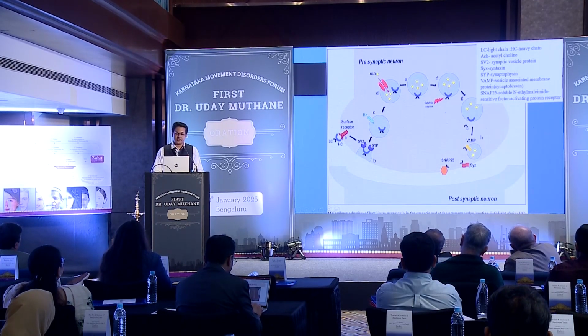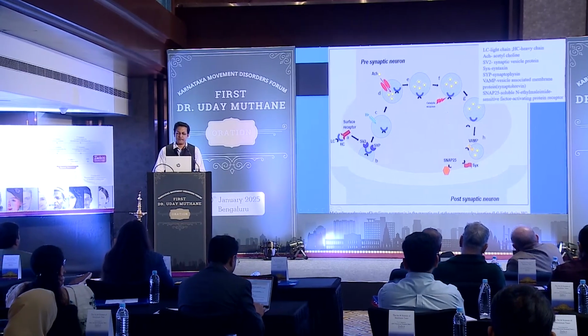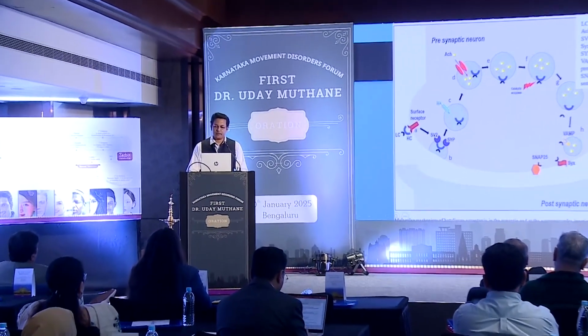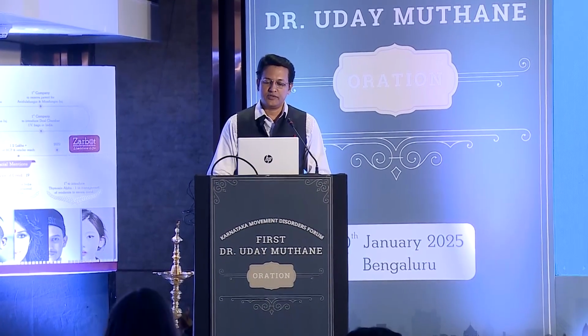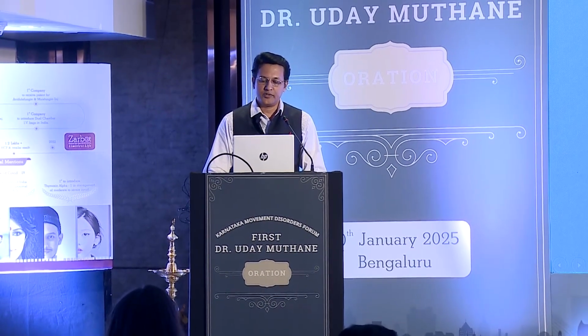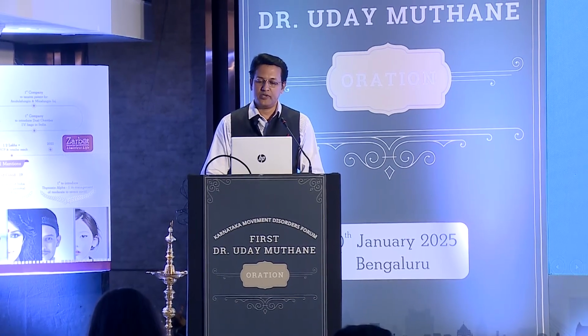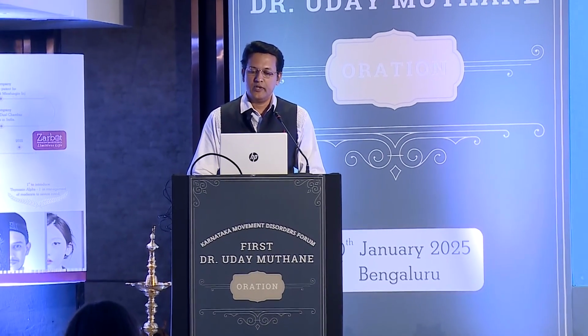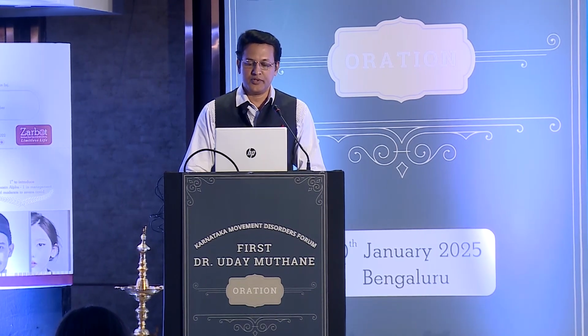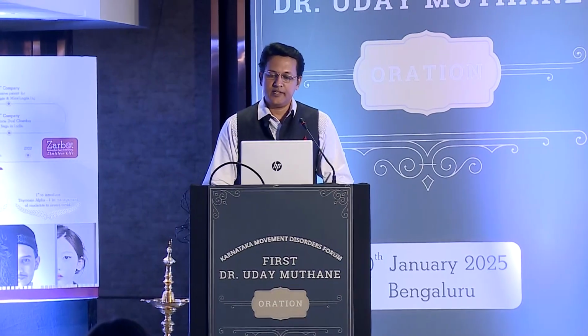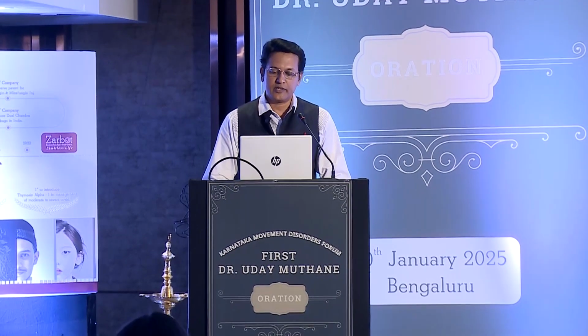Once the light chain is cleaved off, it can work on 2 targets, that is the VAMP, vesicle-associated membrane protein, or synaptobrevin, and SNAP25. Botulinum toxin type B works on VAMP, whereas botulinum toxin type A works on SNAP25. SNAP25 stands for soluble N-ethylmaleimide sensitive factor activating protein receptor. VAMP, SNAP25, along with syntaxin form the SNARE complex.